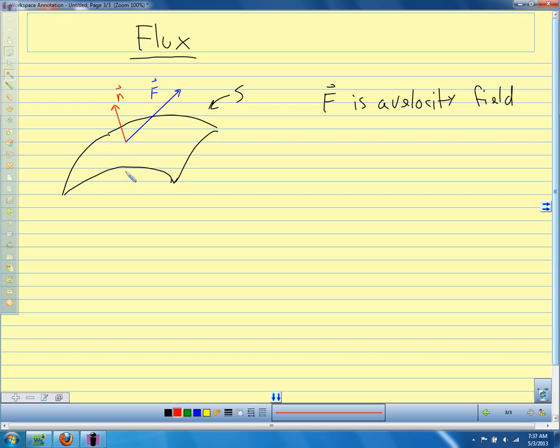And we're going to consider a small little piece of area on this surface, where our field is flowing through the surface. We'll call that area delta S.